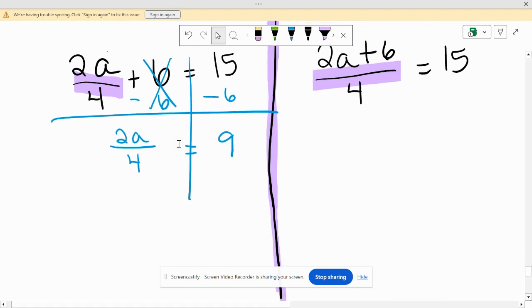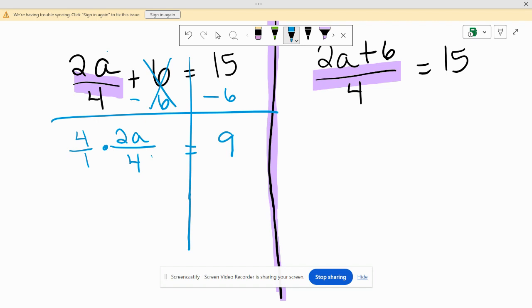Now, I have this fraction still that I'm working with. If you want to think about getting rid of the fraction, I want to have a whole number. And so I would do that by simplifying the denominator to 1. I can simplify that denominator down to 1 by multiplying it by 4 wholes, which is just 4.